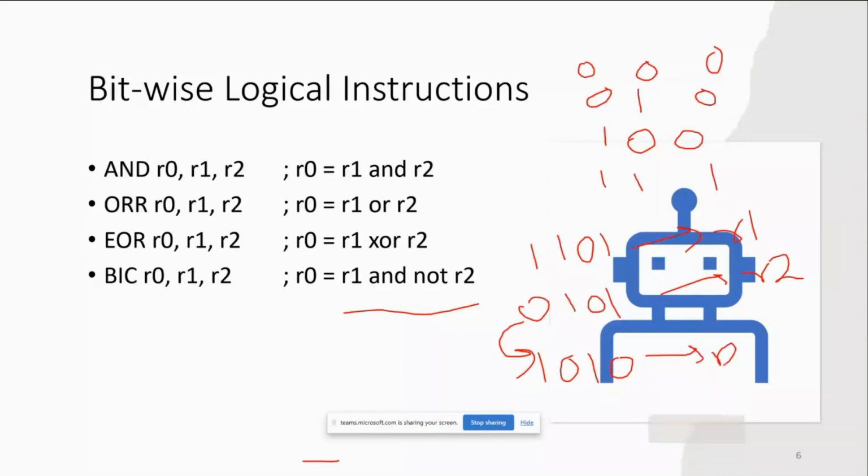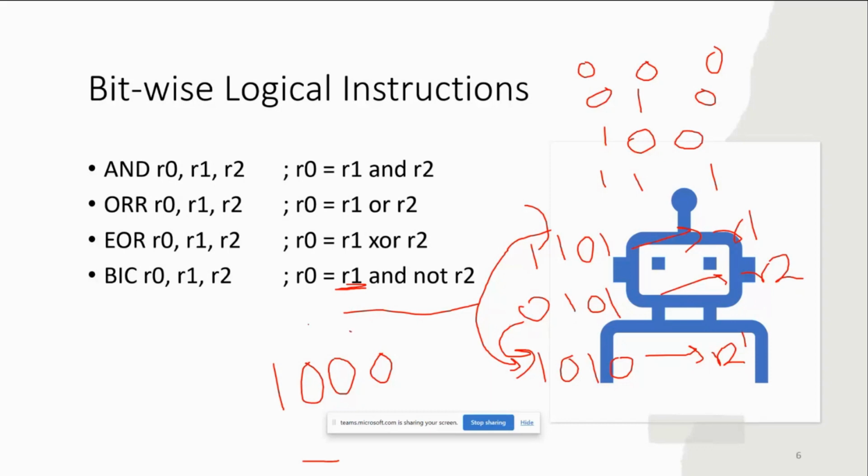And then we are ANDing R1 with NOT R2. Okay, so 1 and 1 is 1, 1 and 0 is 0, 0 and 1 is 0, 1 and 0 is 0. So what happened is that in R1, the bit got cleared where R2 was 1. R2 was 1 at the second position.